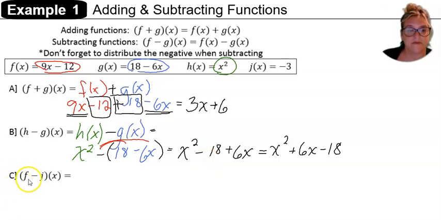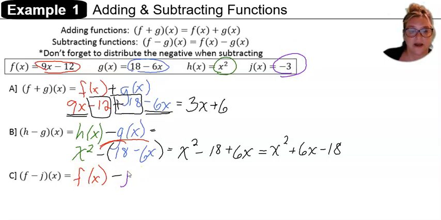In example C, we have the function f minus the function j in terms of x. And f of x is red. And then we're going to subtract. And the function j is this constant, which I'll use purple. So we're going to subtract j of x. So our function f of x is 9x minus 12.